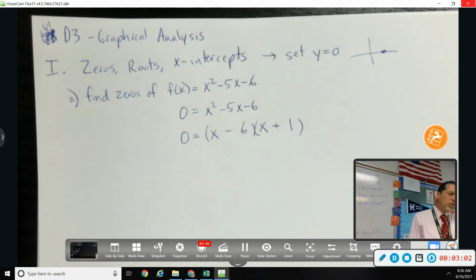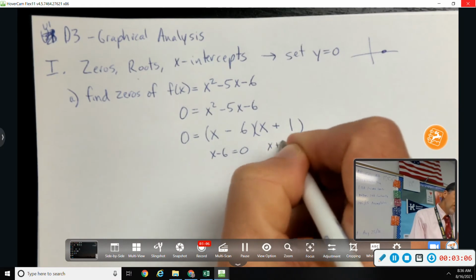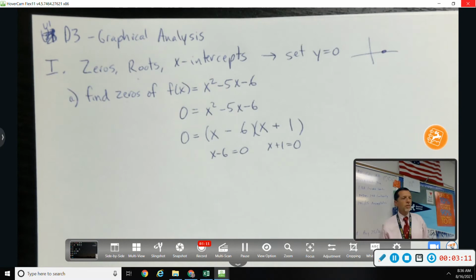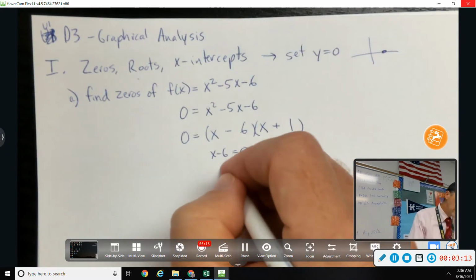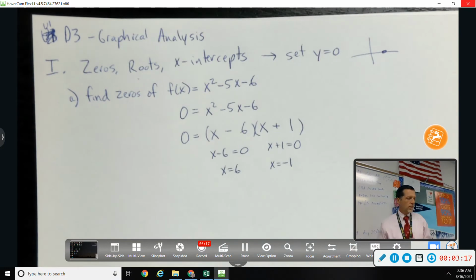And then I'll show the step that most of you won't show, which is fine. Set each factor equal to 0. That's the step that you always skip, and you should skip it most times. So x equals 6 and x equals negative 1.